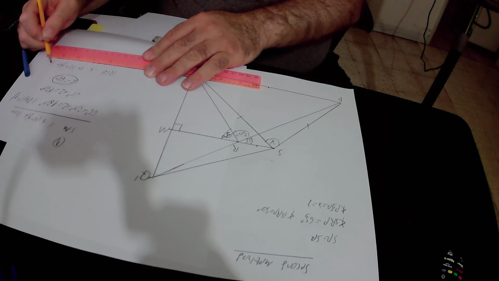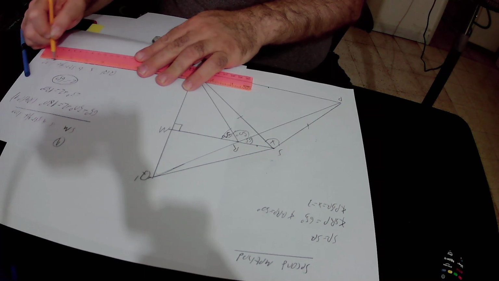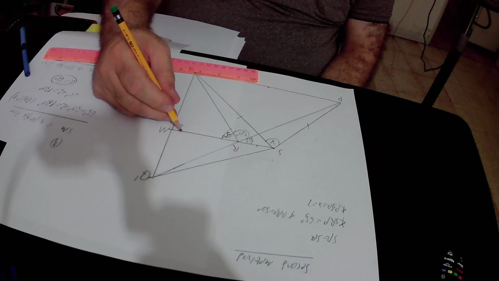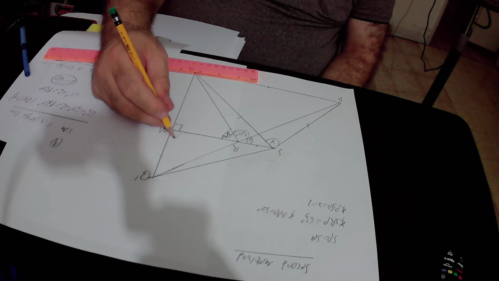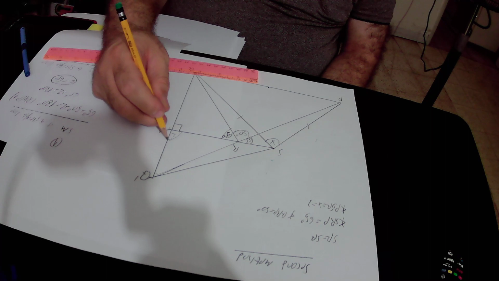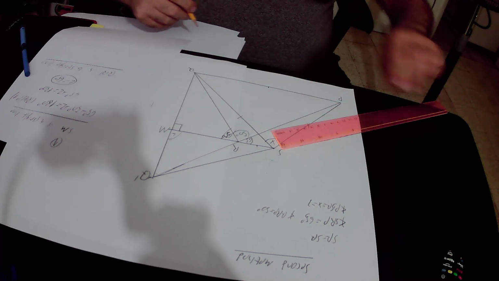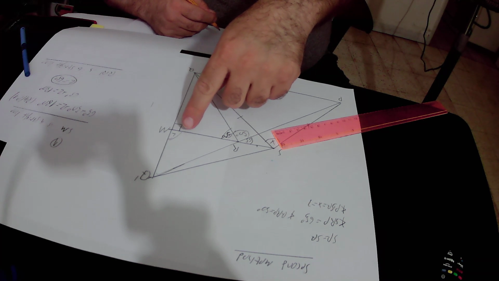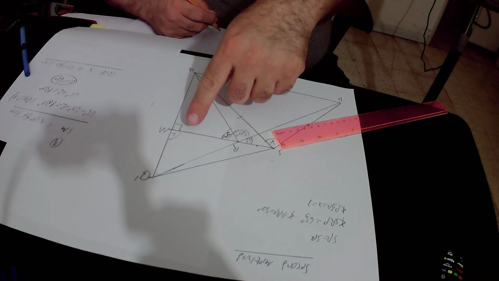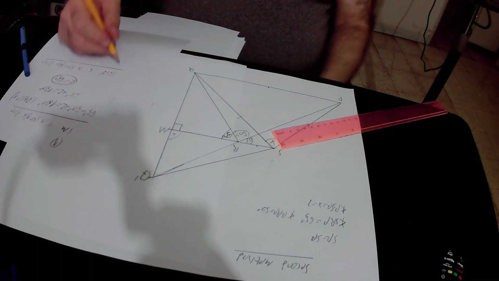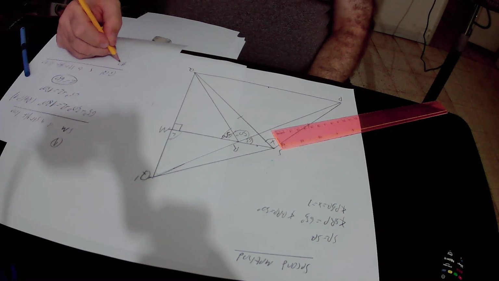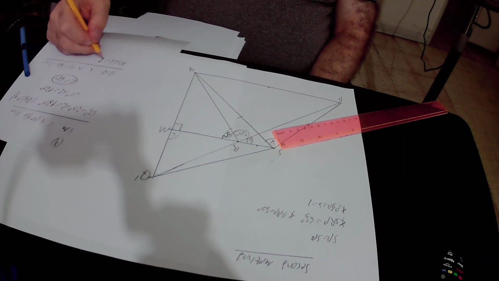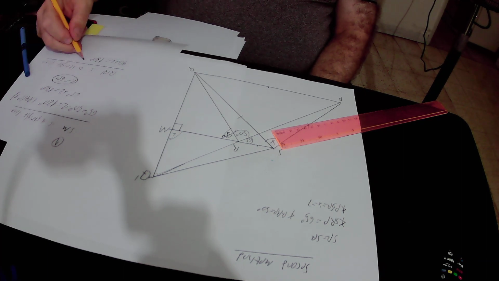We will use rule number 1 in order to find out the value of this angle. This angle we define as angle L, and we know that the sum of the angles on this side of the straight line QQ dash at point M must be equal to 180 degrees according to rule number 1. That is to say, 90 degrees plus the size of angle L must be equal to 180 degrees.